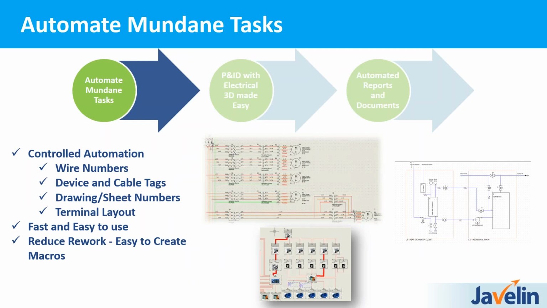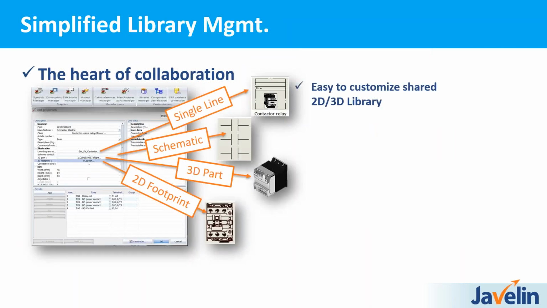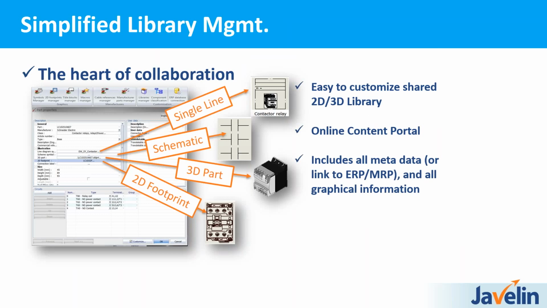It makes it really simple when you're using macros. Heart and soul of everything is a part number. A part number references down to single line representation, schematic representation, 3D models, footprints, and also terminal or connection information. At the end of the day, if you have an ERP system or an MRP system, it's fairly easy to connect to get other metadata information linked to your parts.